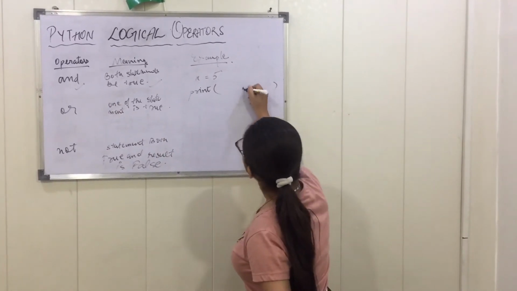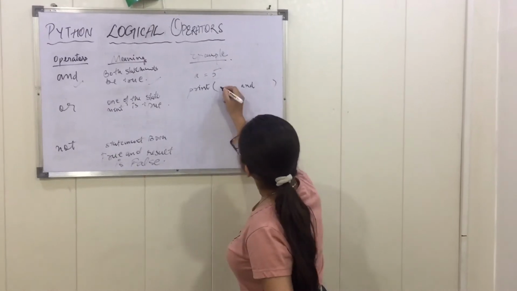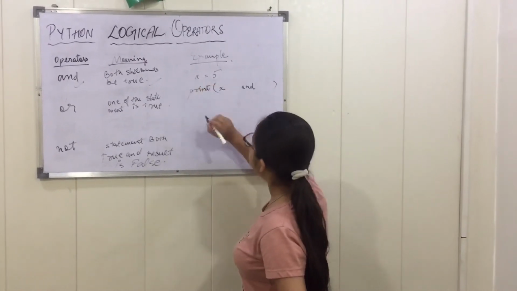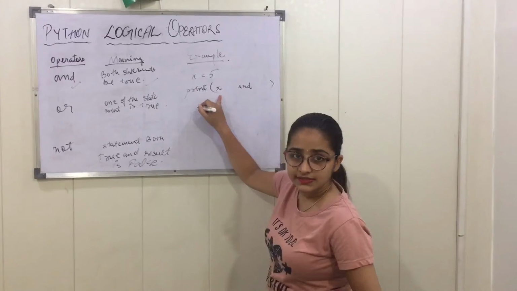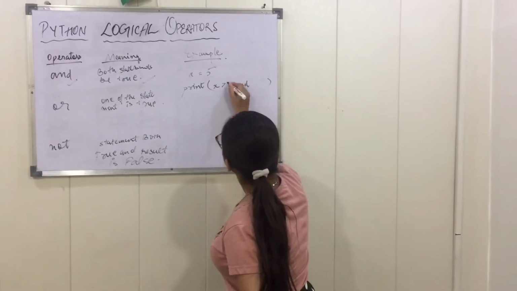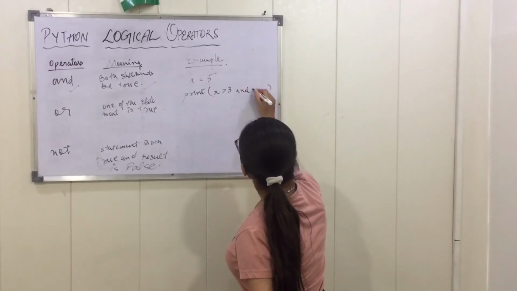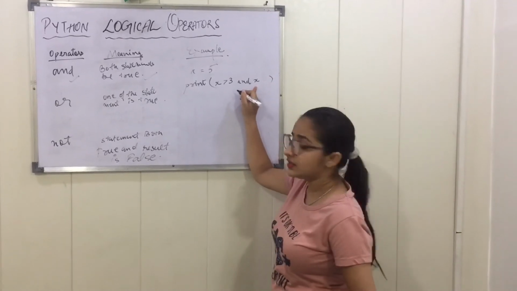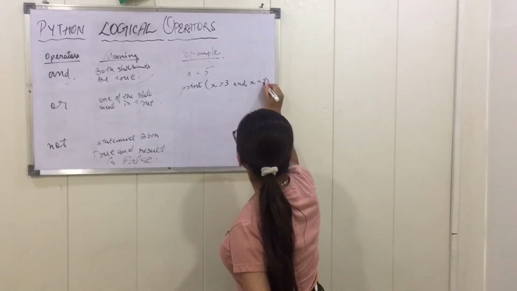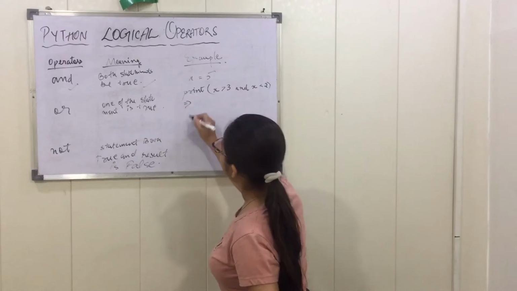I'm asking if x's value is greater than 3, and the second one is if x's value is less than 2, then print the answer.